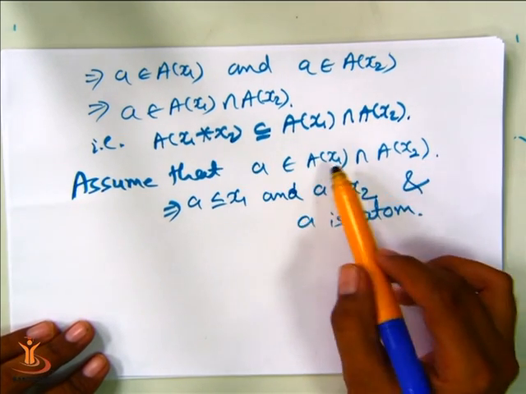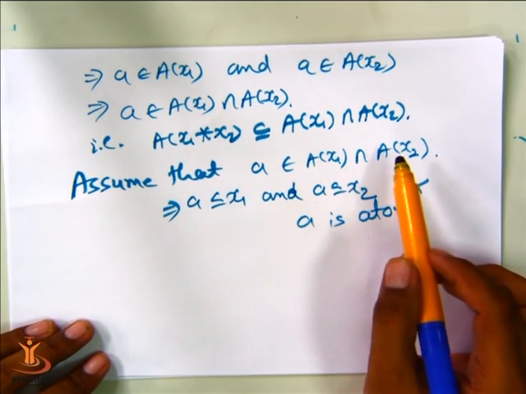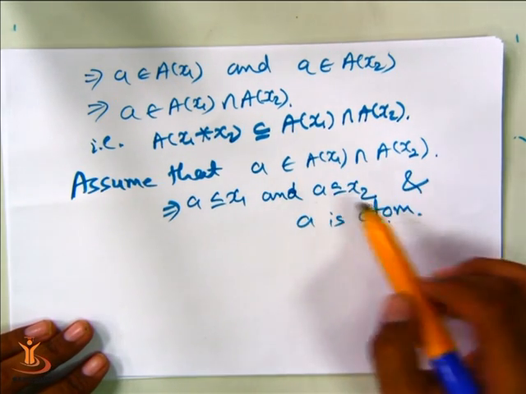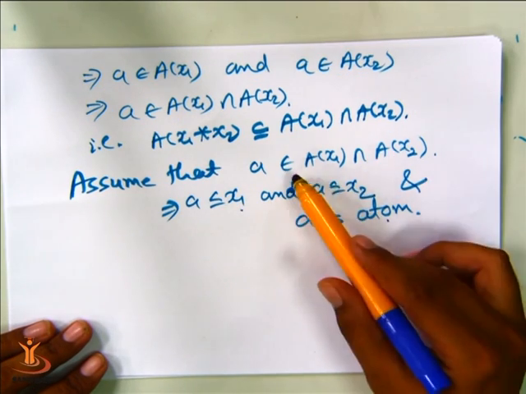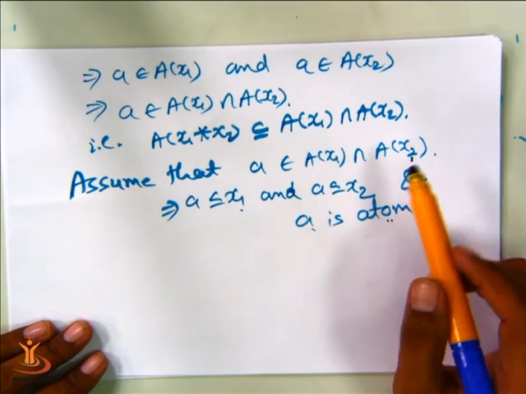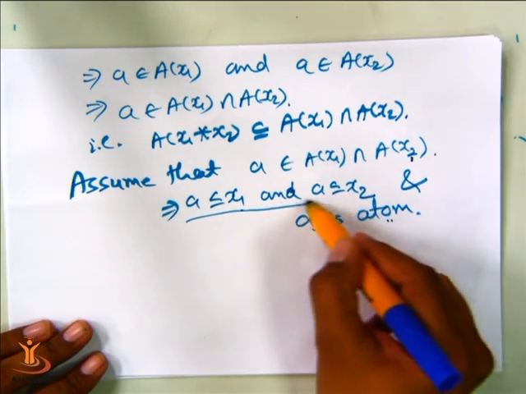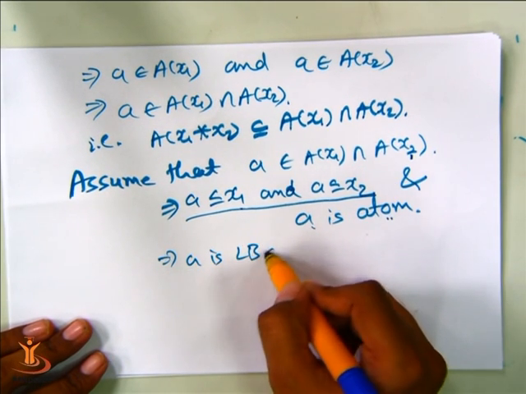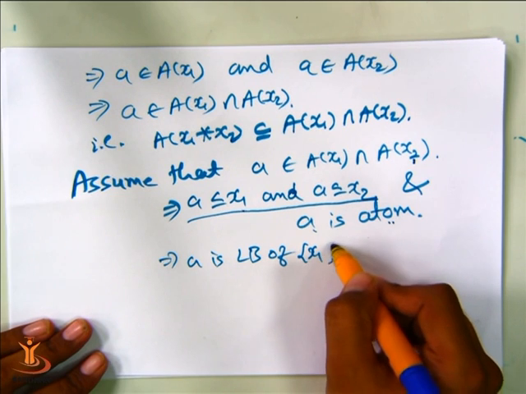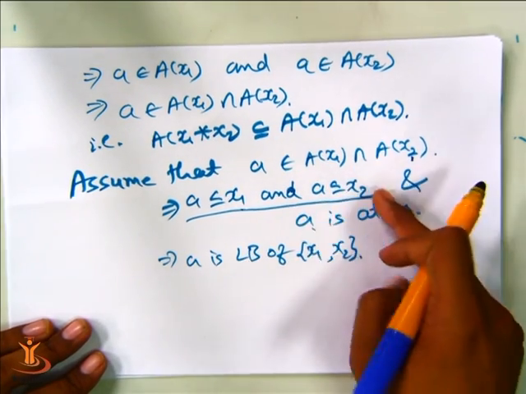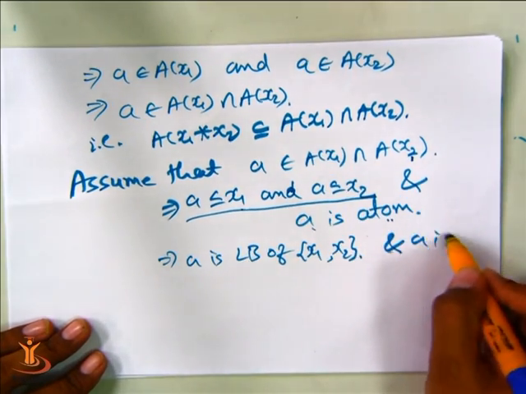That means it is an element of both the sets, A of x1 as well as A of x2. Now a belongs to A of x1 means a is an atom and a is less than or equal to x1, and a belongs to A of x2 means a is an atom and a is less than or equal to x2. Now these two conditions say that a is a lower bound of the set x1 and x2, because a is less than or equal to x1 and a is less than or equal to x2, and a is an atom.